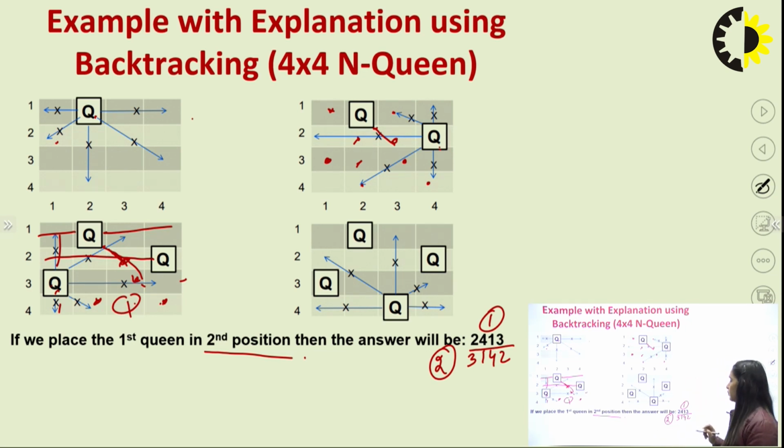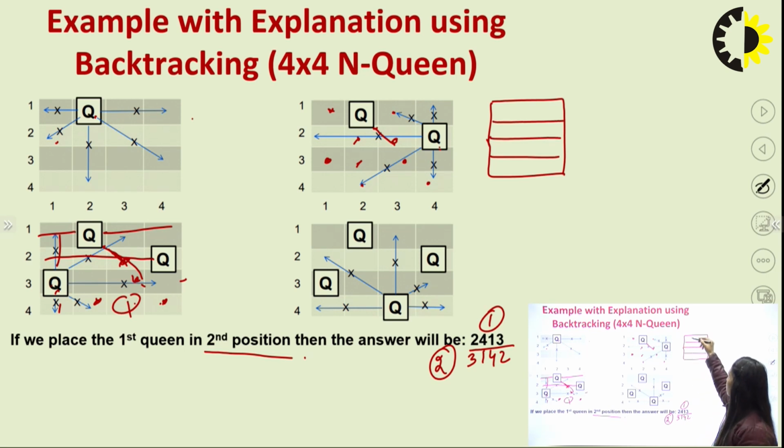Okay, so see, let's get the solution for this one. If I place the queen at the third position, first, second, third, this is my q1. Okay, now I cannot put q2 in this row, not diagonally, okay, or in this column.